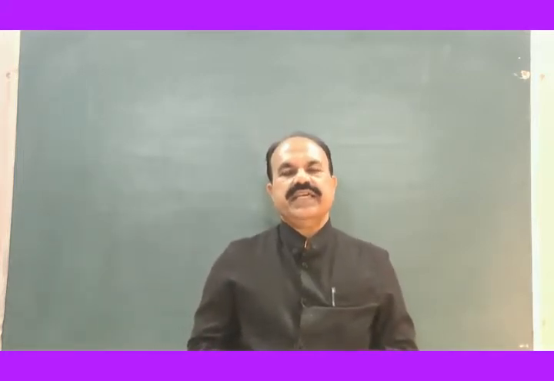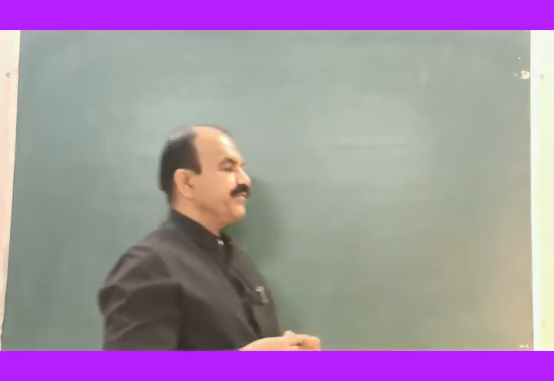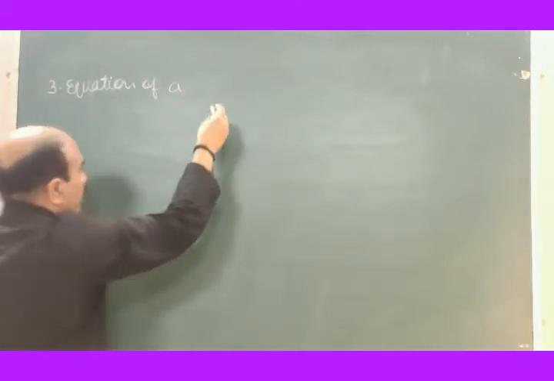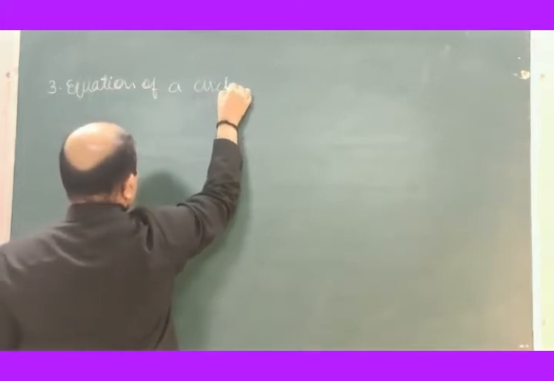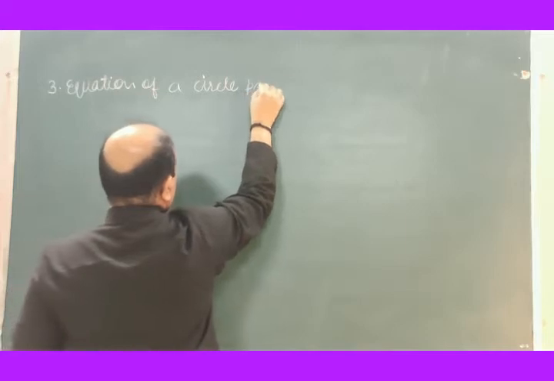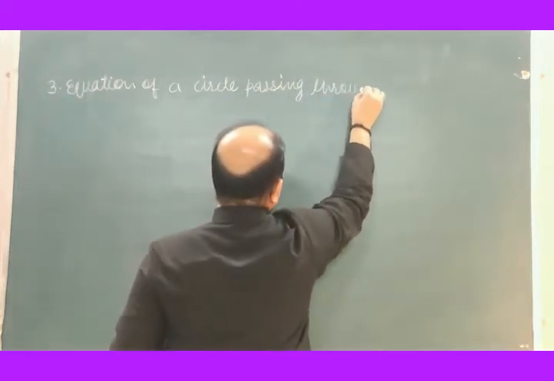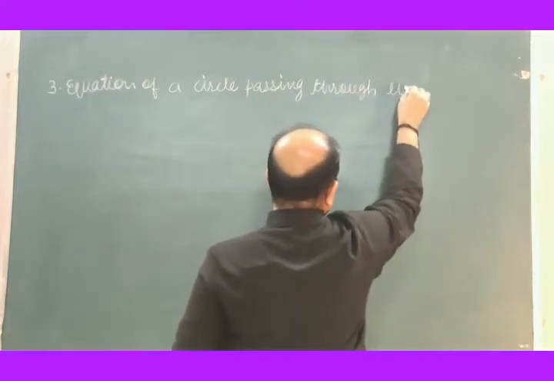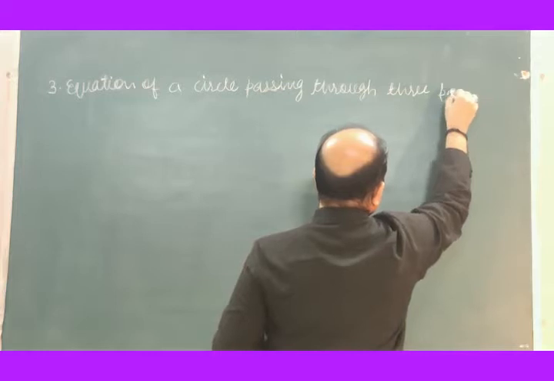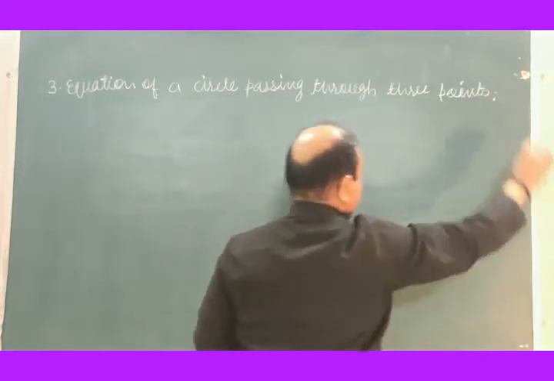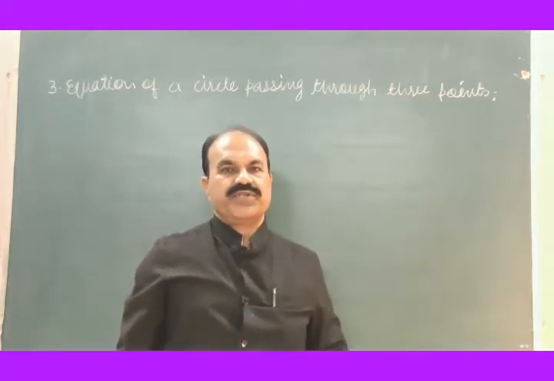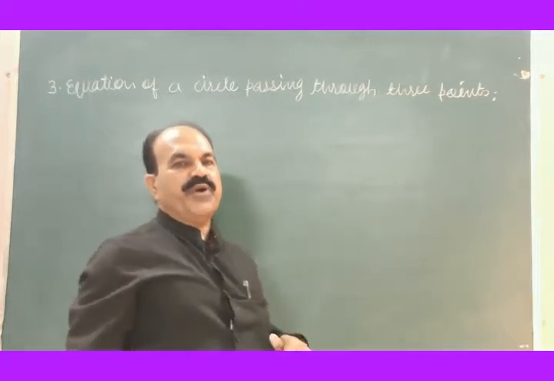The third point is equation of a circle passing through 3 points.